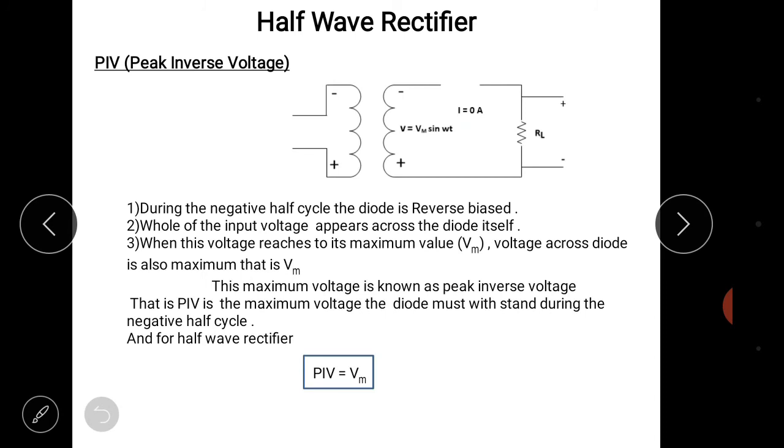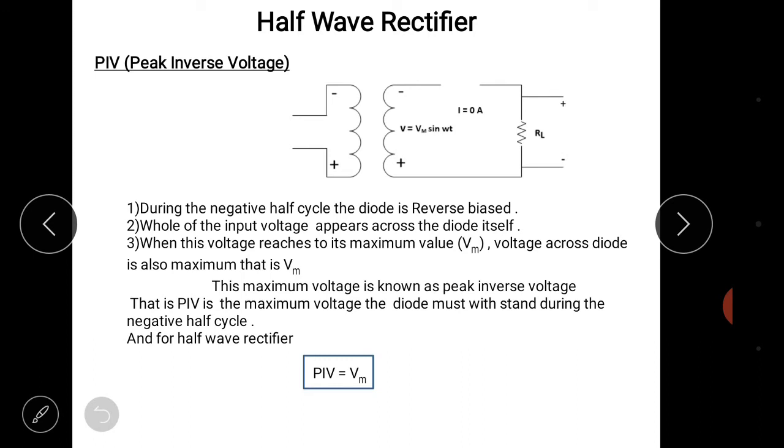Now PIV, that is peak inverse voltage, this is very important parameter for the diodes. During the negative half cycle the diode is reverse biased, so whole of the input voltage appears across the diode itself. When this voltage reaches its maximum value Vm, then voltage across diode is also maximum, that is Vm.